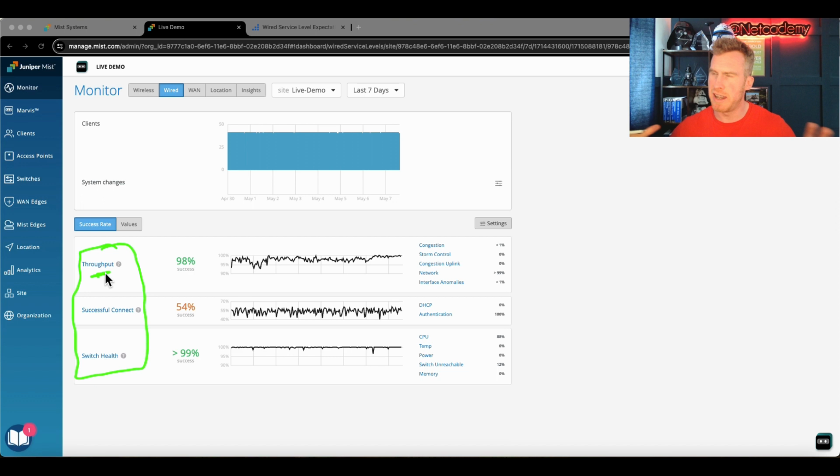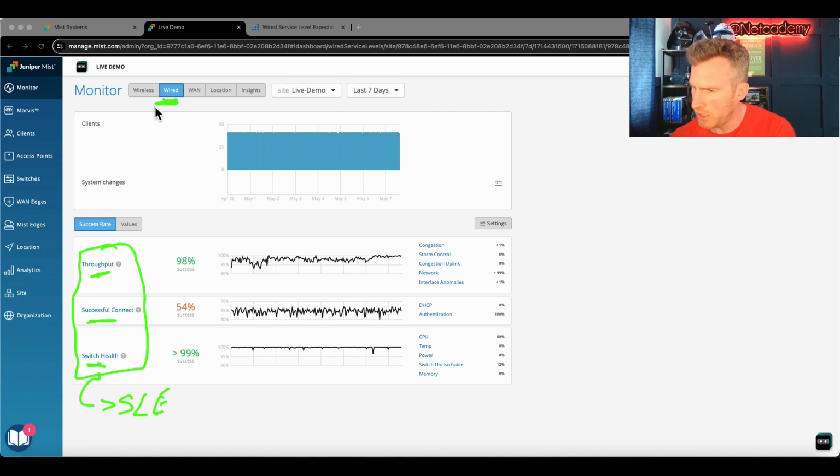Because there are a number of factors that can and will impact throughput, whether it be on a wireless network, on a satellite network, or even in a switching network. Very generic term, throughput. Here is the second service level expectation, successful connects. Are wired clients connecting to the network? Yes or no? And then we've got the switch health as well. So these are your service level expectations, all within that wired assurance, as I was explaining.